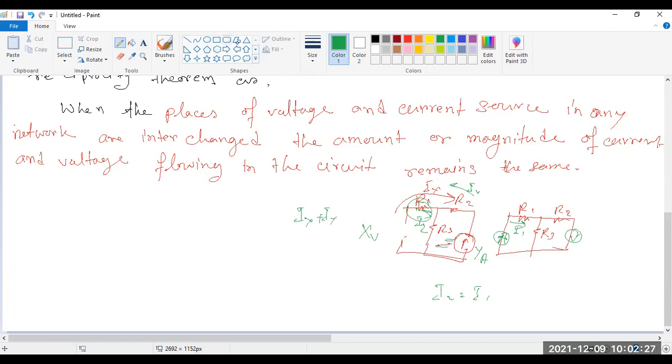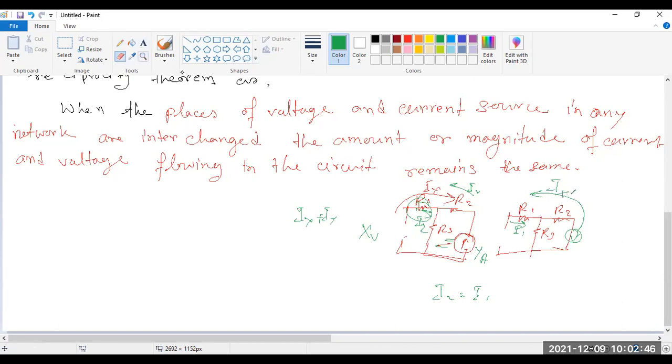In case 2, when here is the current source, the current source is open and the voltage is there, so here the current flowing is Ix dashed.